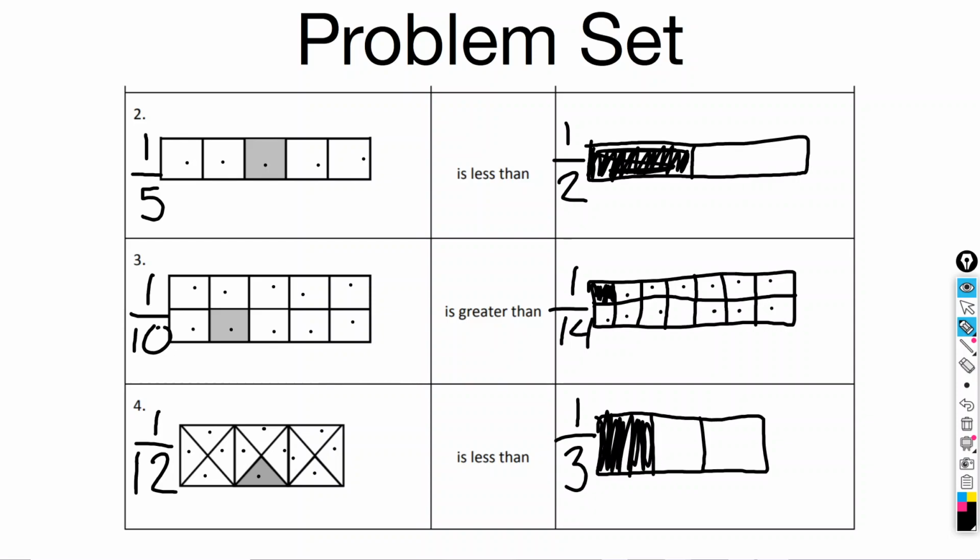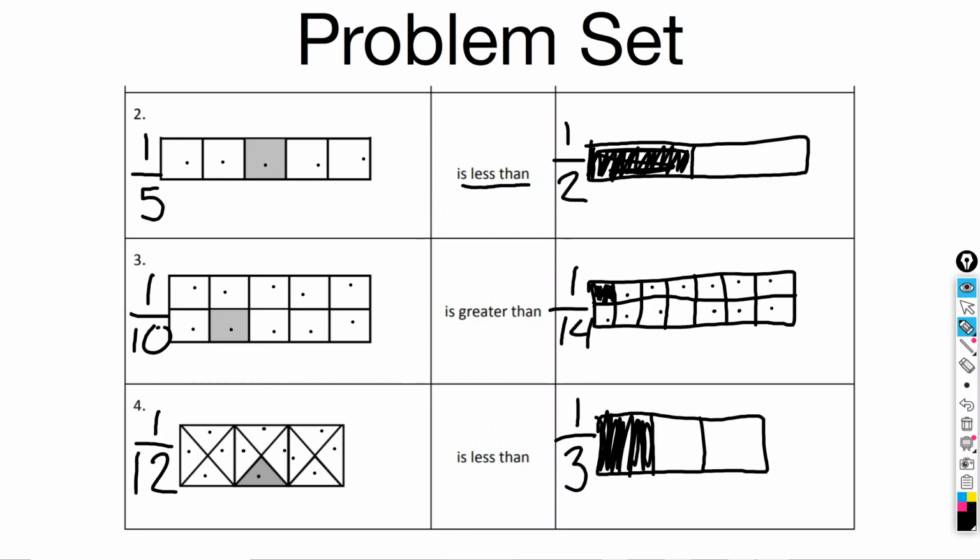So the thing that makes this the most confusing is that you have to pay attention to the number on the bottom, because it is kind of the opposite. Because remember, the bigger the number, the smaller the pieces. Okay? But if you look at this 5 down here, for this to be less than something over here, we had to do a number that was less than 5.